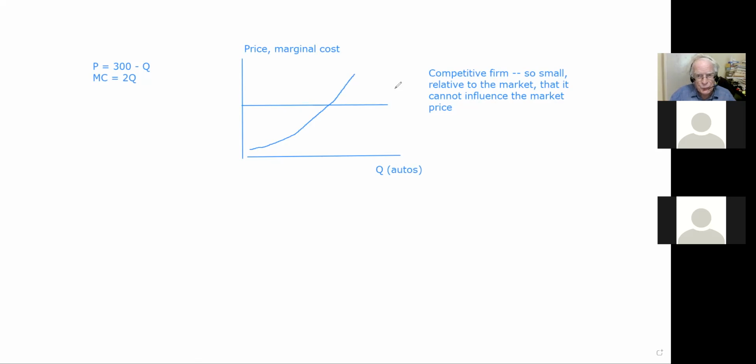So this is the firm that wants to maximize profit. He could do this by producing each automobile for which he is paid more than is necessary to cover the cost of production.